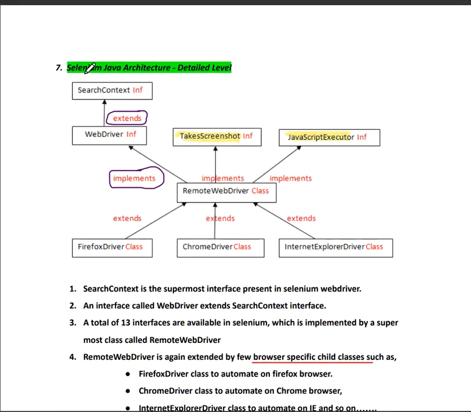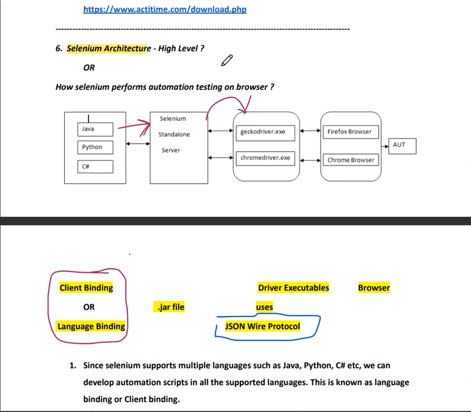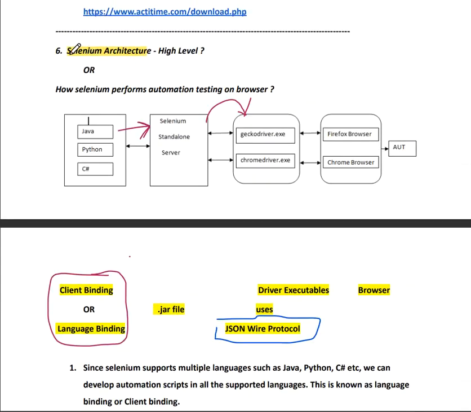This is our Selenium Java architecture. This question is about the Selenium architecture, meaning how Selenium performs automation testing. First we have to create a test script with the help of different languages.